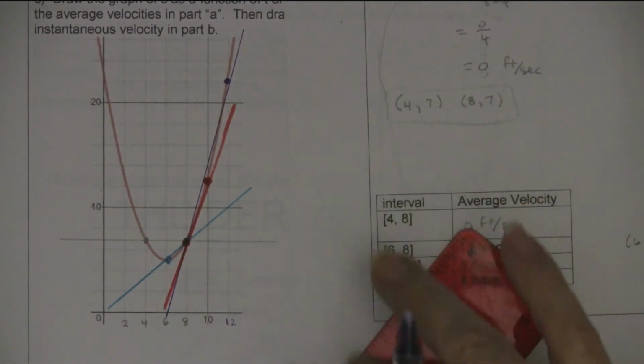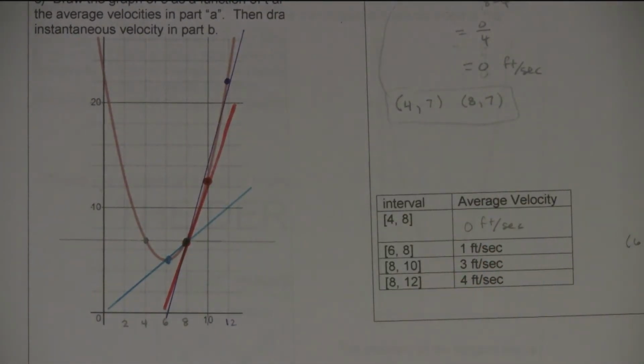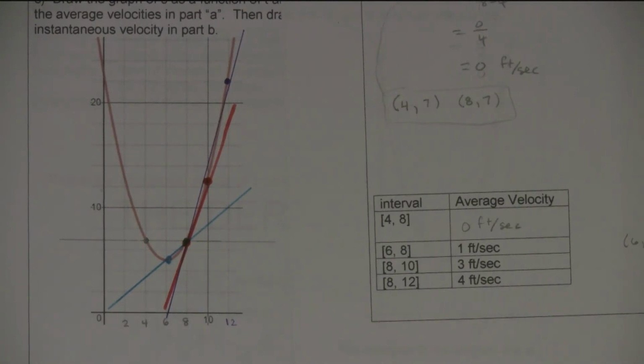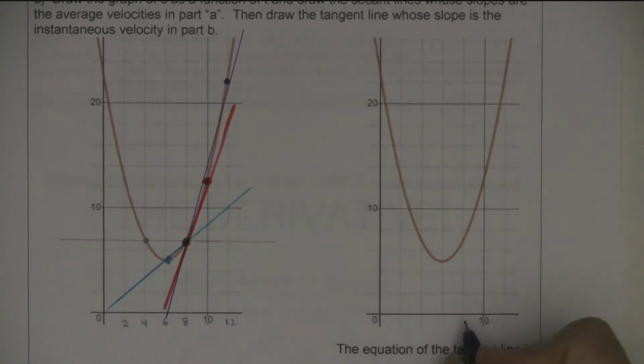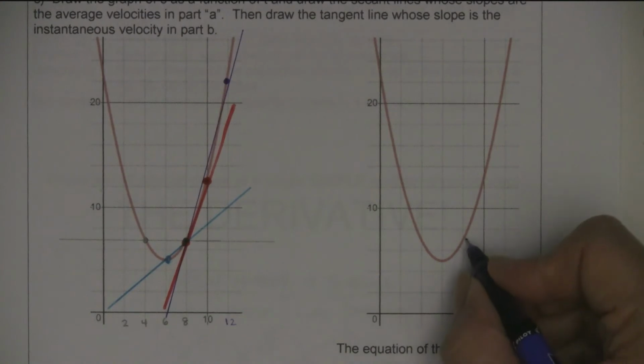Okay, so they just want you to look at all of those secant lines, and of course they were interested in the tangent line, which is the line through the point at 8, and 8 was here, about 7.